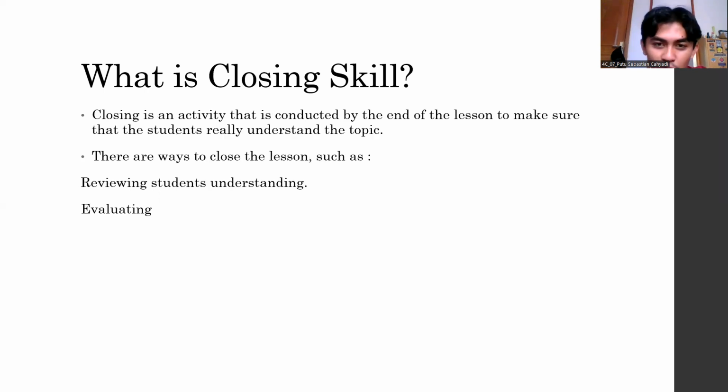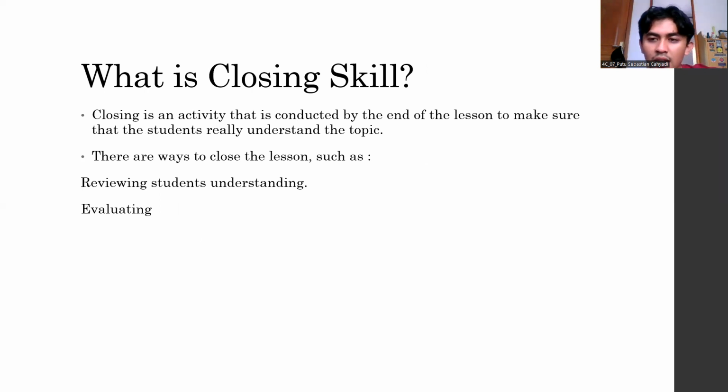And then we move on to the closing skill. Closing skill is an activity that is conducted at the end of the lesson to make sure that the students really understand or comprehend the topic. There are ways to close the lessons, such as reviewing students' understanding and also evaluating.